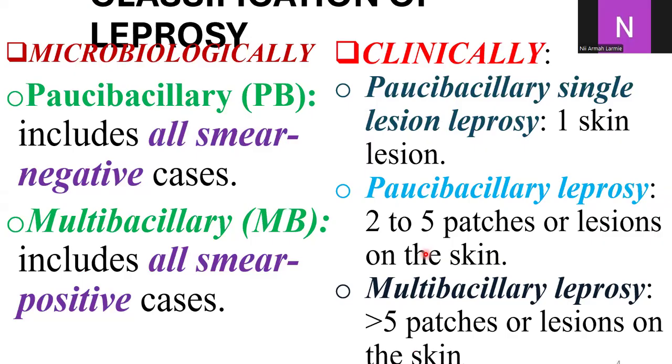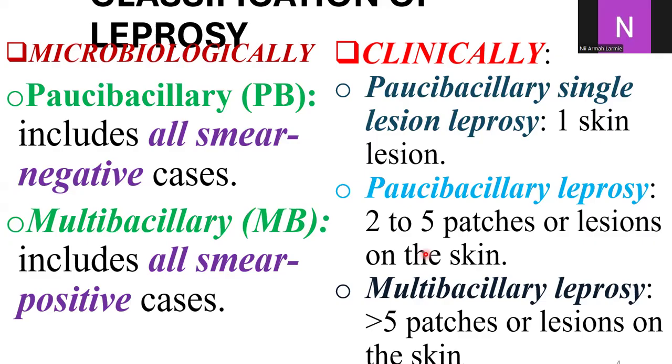If the result comes out negative, it is described as paucibacillary leprosy. And if the smear comes out positive, it is described as multibacillary leprosy.